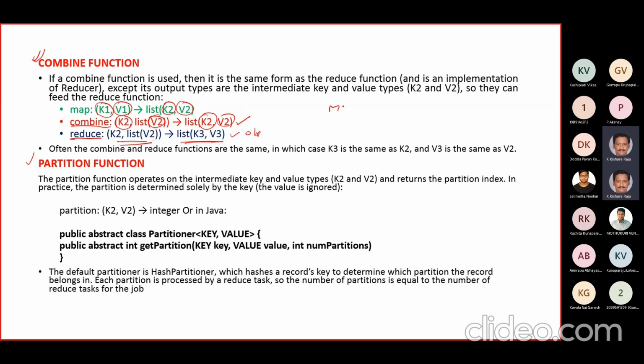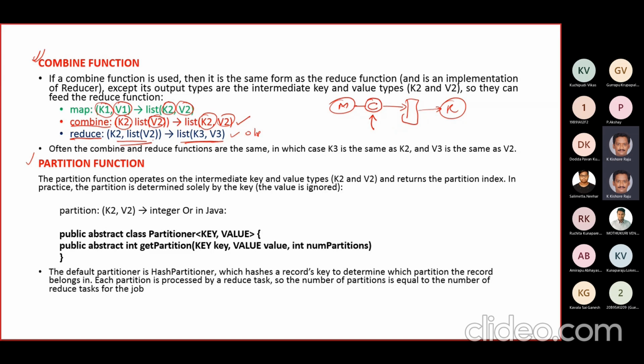So mapper and reducer is the primary thing. Then what is the next format? If this is the mapper, and immediately after it comes a reducer producing intermediate output, and then the final reducer, then we call this a combiner, instead of reducer.